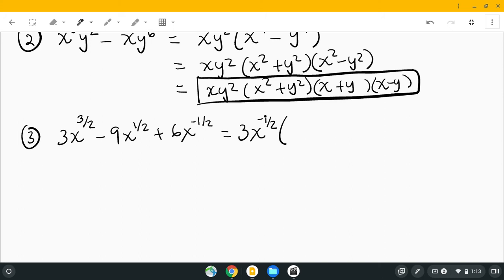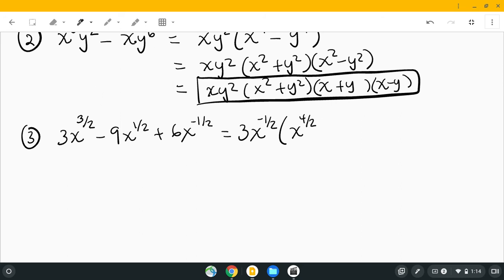We have a -1, but we need to make 3. And remember, when we're multiplying like bases, we're going to be adding the exponents. So you have to think, okay, well, -1 plus what will give me 3? And that would be 4, right? So this would have to be 4 halves. Because when you multiply, you add the exponents. -1 half plus 4 halves. -1 plus 4 will give me 3.